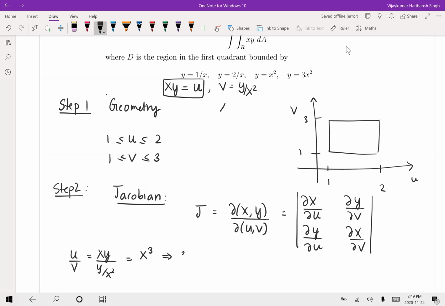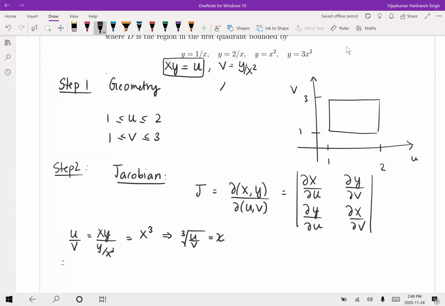So the cube root of u by v equals x. Therefore, y is going to be u by x, which is u upon the cube root of u over v. That is going to be the cube root of v times the square root of u.